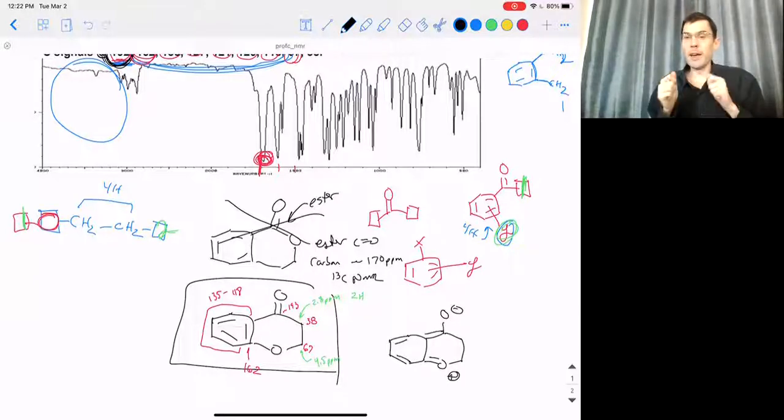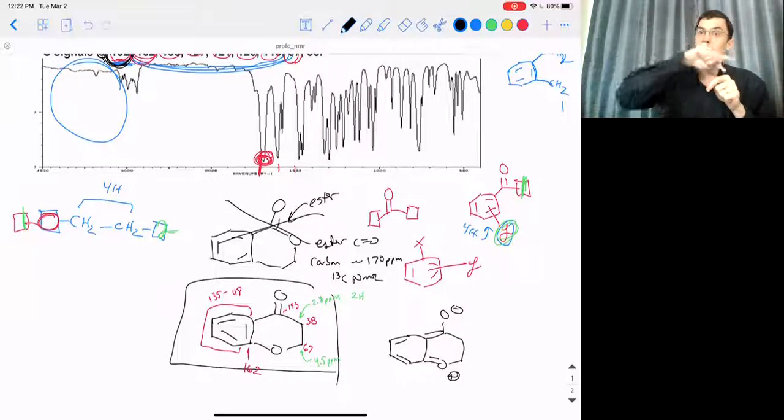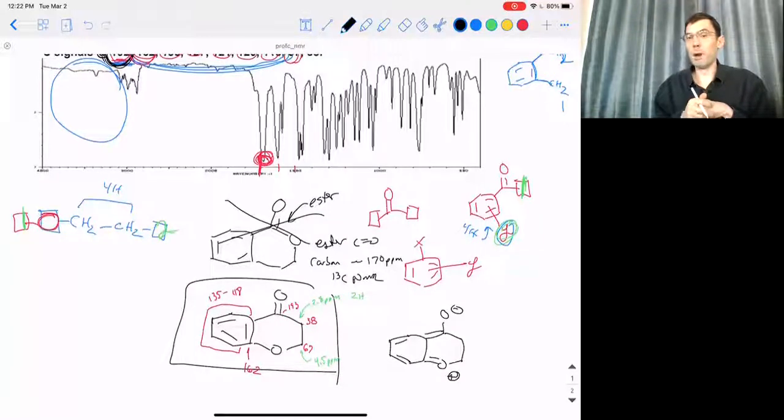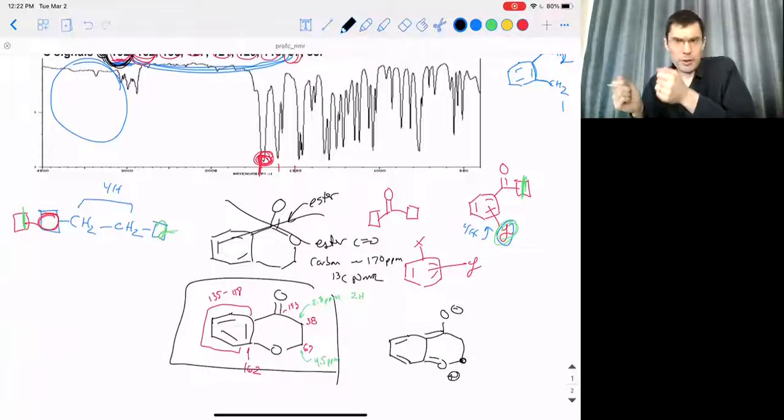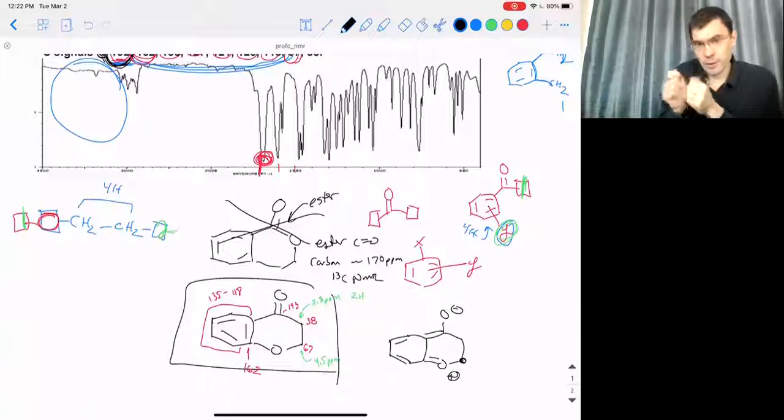Excuse me, where that oxygen lone pair on the bottom oxygen is actually delocalizing all the way around up into the carbonyl oxygen. And so that's pretty cool. And because of that, this carbon and the adjacent hydrogens feel as though they're a little bit more positive than they otherwise might be. And that pulls them downfield just a little bit more.